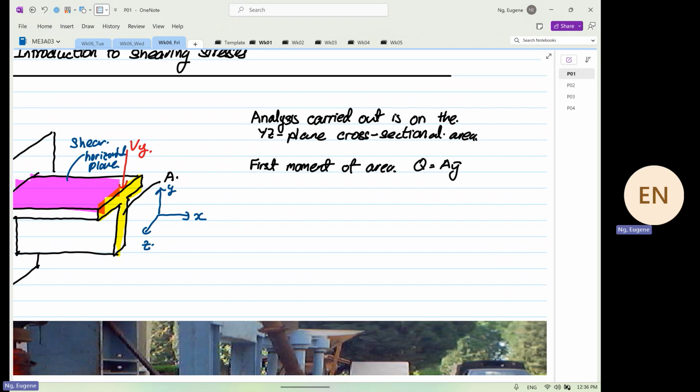Likewise the second moment of area, for this case, we do second moment of area, which is equal to IZZ. So I just write down the general formula, BD cubed over 12. Again, it's on the what? Yellow surface. The A and I are taken on the yellow surface.